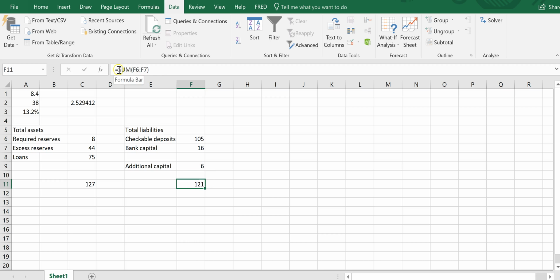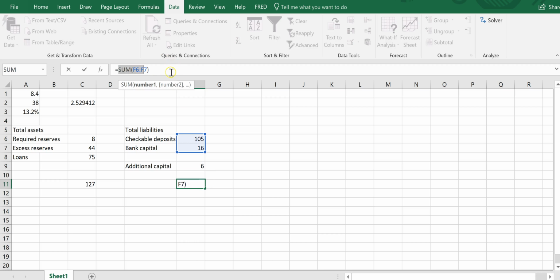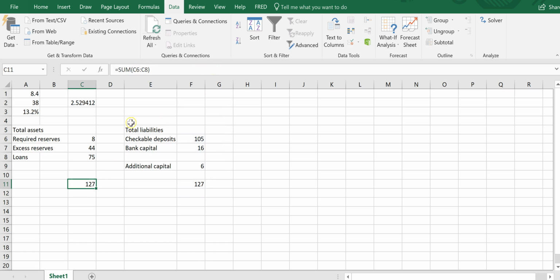Now I need to set up the new sum. New sum will not only be the sum of these two, but including the additional capital. So this will be a sum of F6 down to F9. And this will be C6 to C8. That's still the same, right? Because we basically changed the excess reserves in accordance to 6.